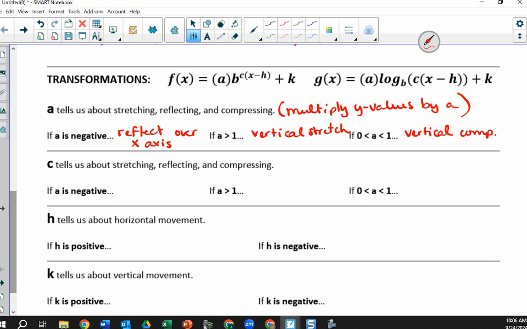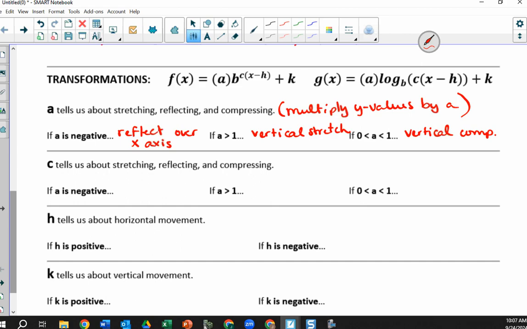Okay. The C, do you guys see how the C is in with the x? It's either up in the exponent on the exponential or inside the log part. That is also telling us about stretching, reflecting, and compressing. But what's different? What are we stretching, compressing, and reflecting instead of the y values?